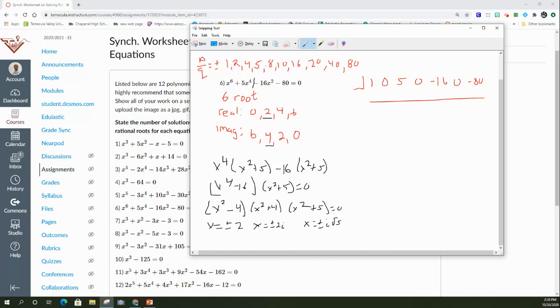So if I was going to do the rational root theorem, I would choose, I'm kind of cheating now, but I would choose 2. Okay, and go ahead and work through that. Oops, 18.